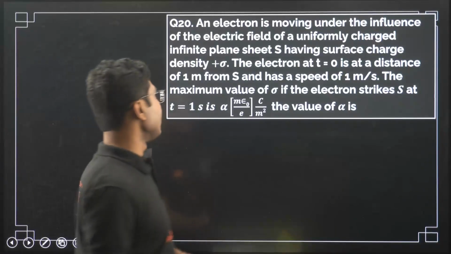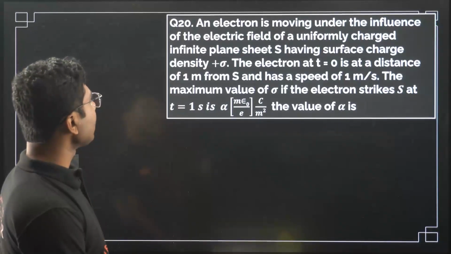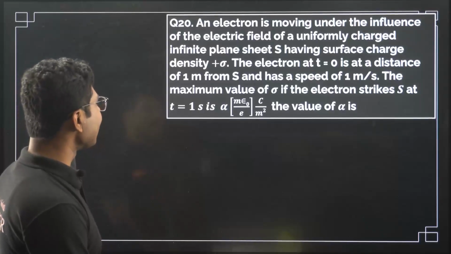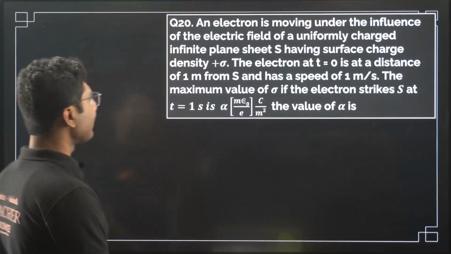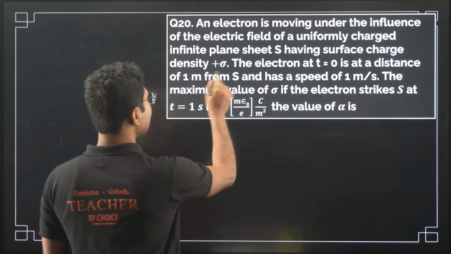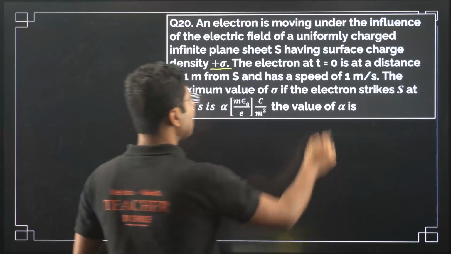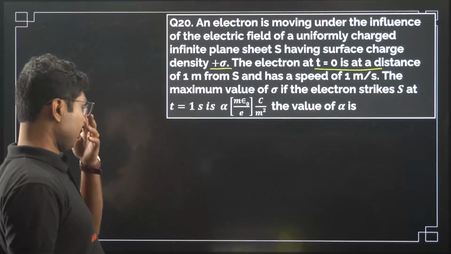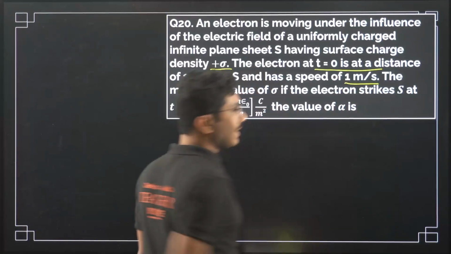Yes, obviously tricky. An electron is moving under the influence of the electric field of a uniformly charged infinite plane sheet S having surface charge density plus sigma. The electron at t equals 0 is at a distance 1 meter from S and has a speed of 1 meter per second.